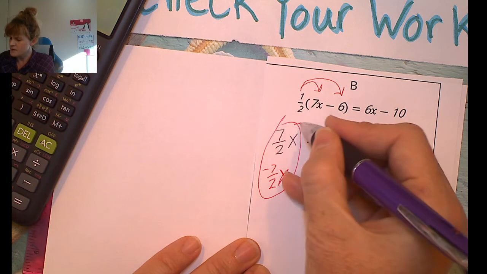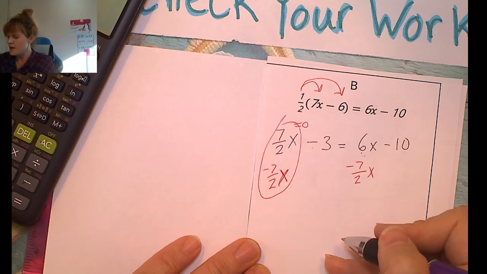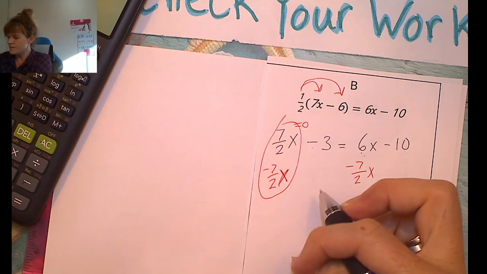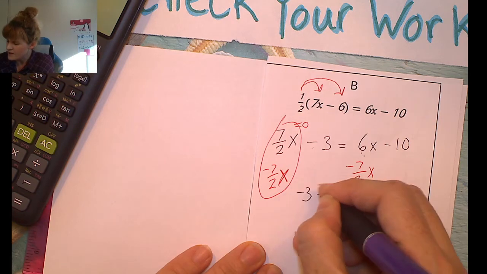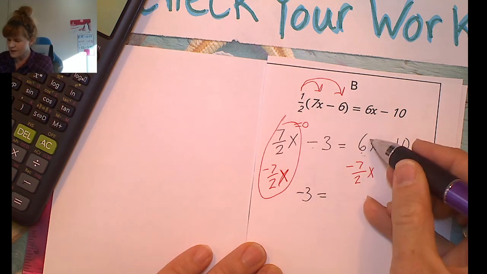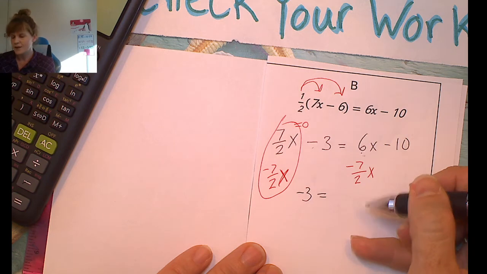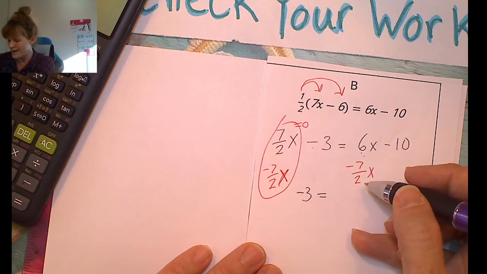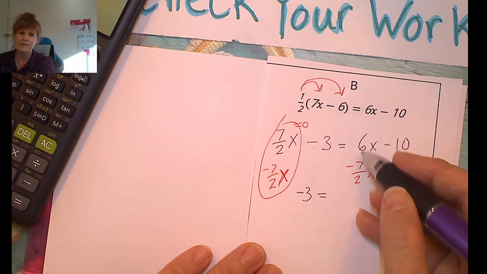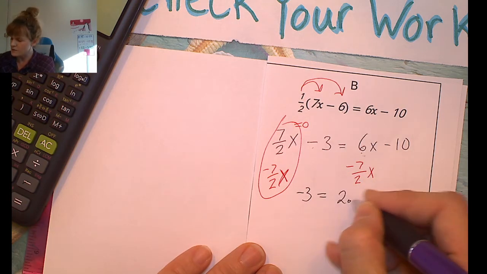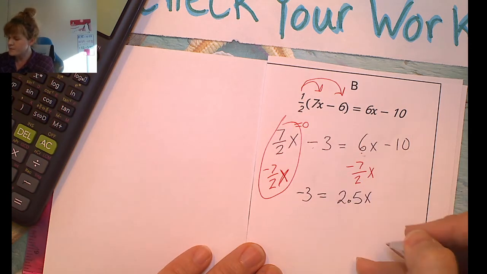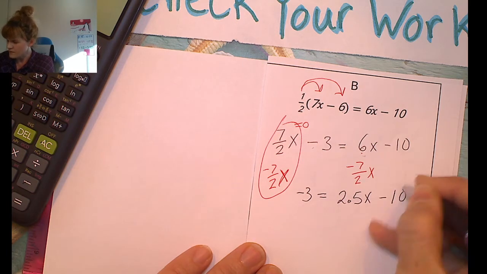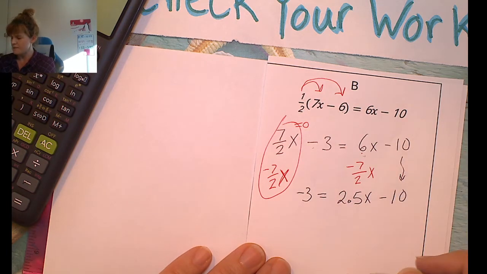Then this term equals 0. And I'm left with negative 3 equals, and then, how do I subtract this? Well, I know 7 divided by 2 is 3.5. So I'm going to do 6 minus 3.5. That's 2.5x. And this minus 10 just stays the same.